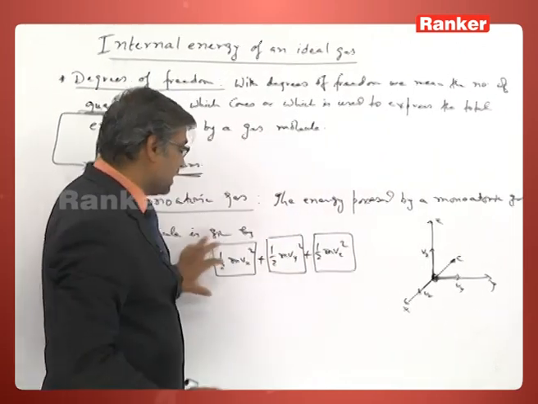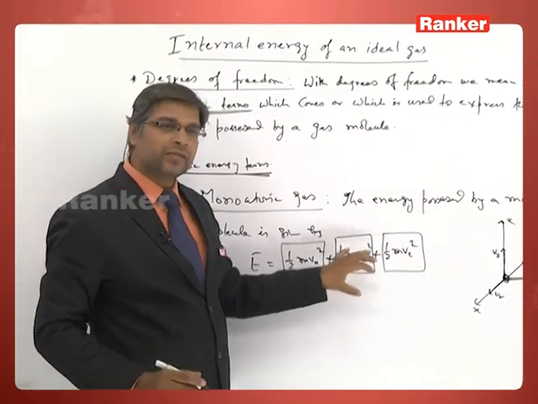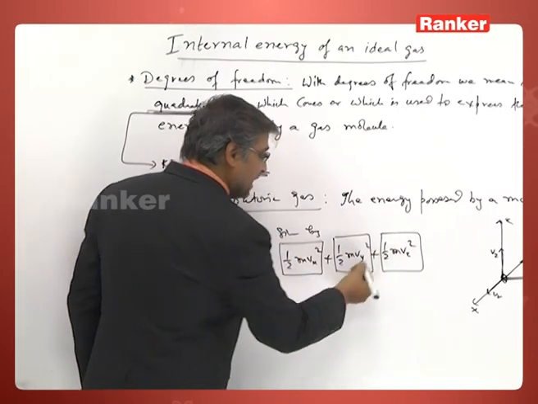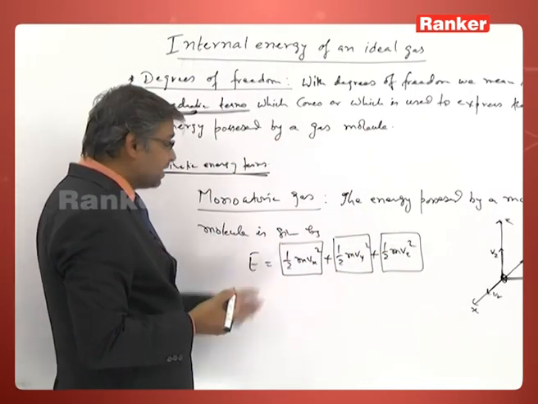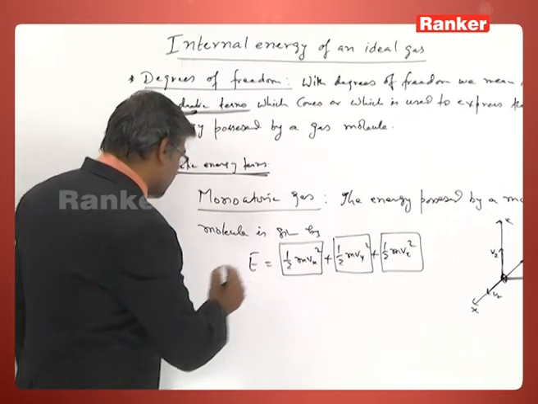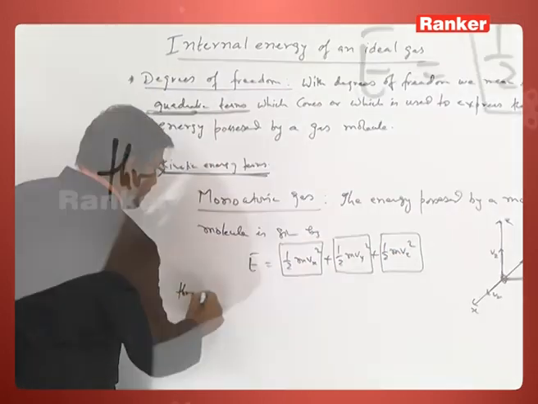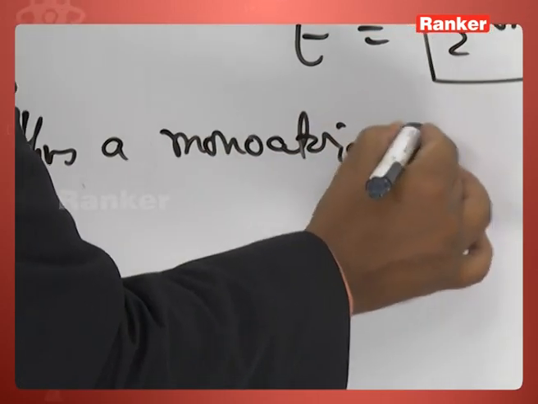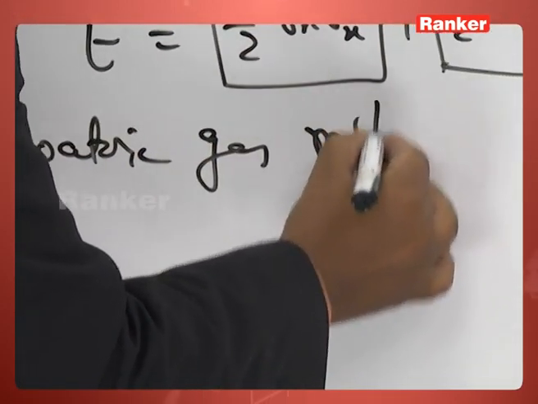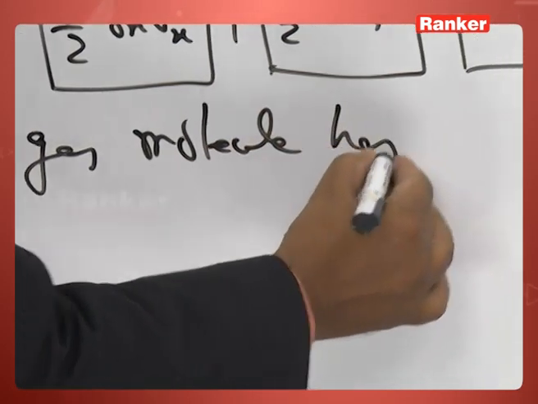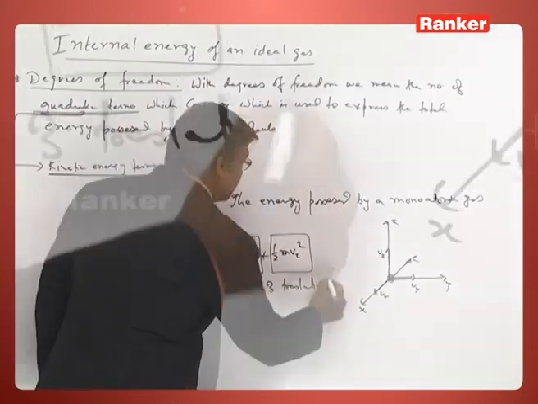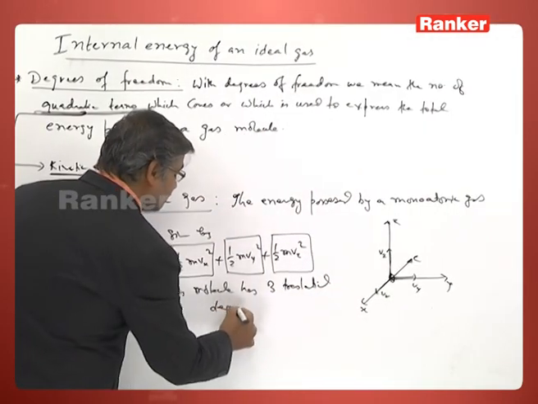So, the total energy expression contains these three terms. We call each of these quadratic energy terms a degree of freedom. Thus a monoatomic gas molecule has three translational degrees of freedom.